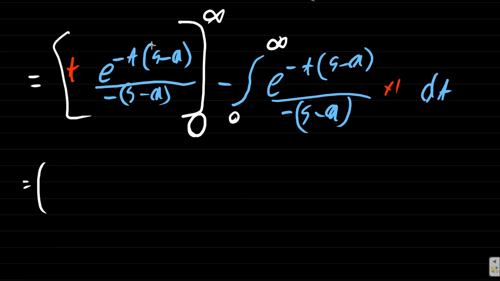Let's substitute infinity for t. So you have infinity multiplied by e to the negative, now t is infinity, right? It approaches infinity. (s minus a) times infinity is just infinity. So it's infinity over negative (s minus a), a constant, all right?